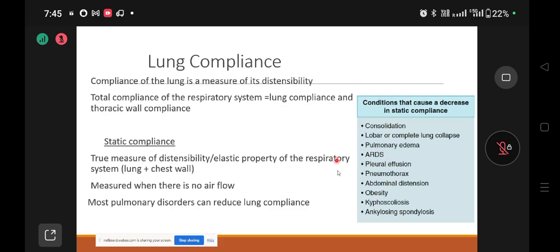So most of the common conditions which we encounter in our day-to-day life would lead to a decrease in static compliance. Mind you, remember that static compliance is the compliance which the ventilator measures and tells you when there is no airflow. It tells you the distensibility or the elastic property of the respiratory system, both lungs and chest wall.